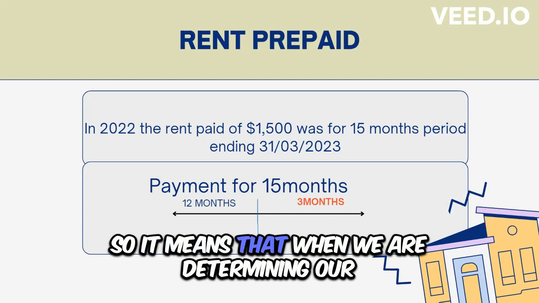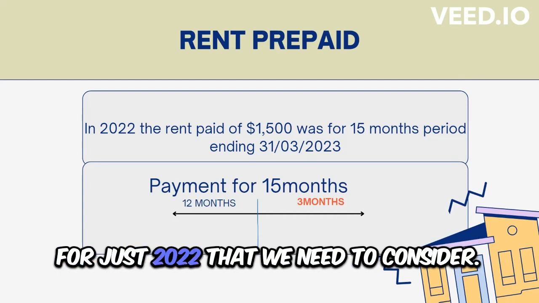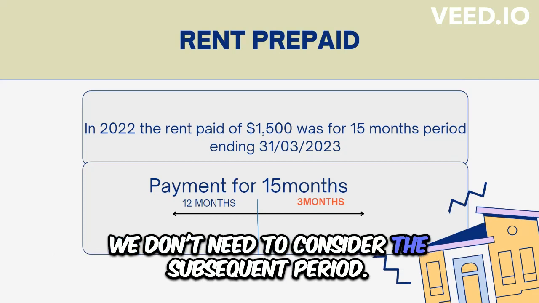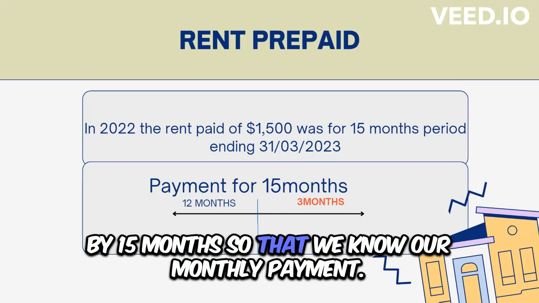So it means that when we are determining our profit and loss for 2022, it's just the expenses for 2022 that we need to consider. We don't need to consider the subsequent period. So all we can do is just to divide 1,500 by 15 months so that we know our monthly payment.